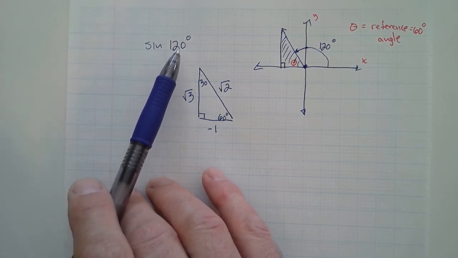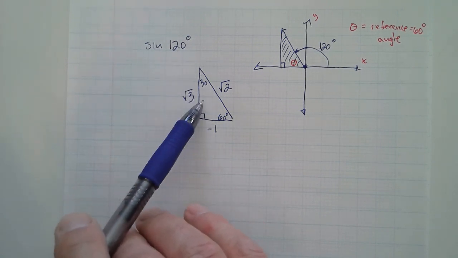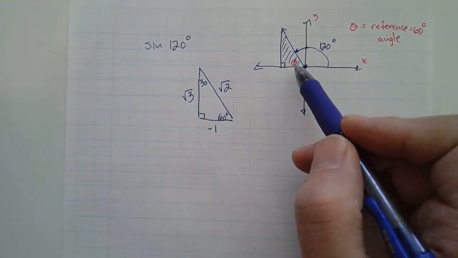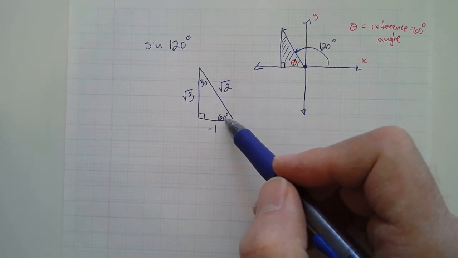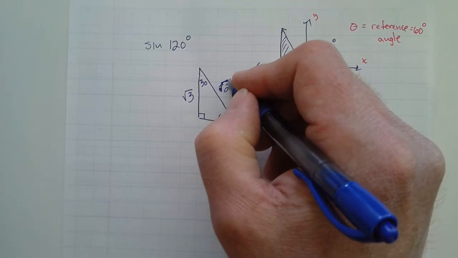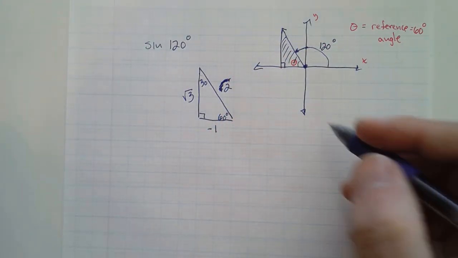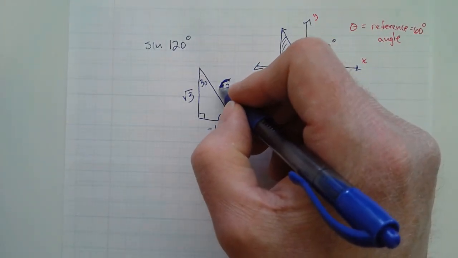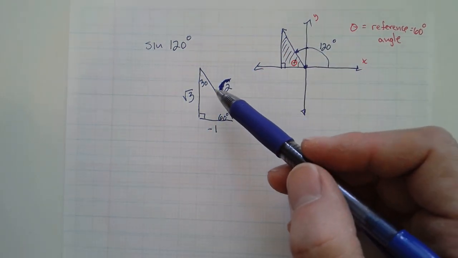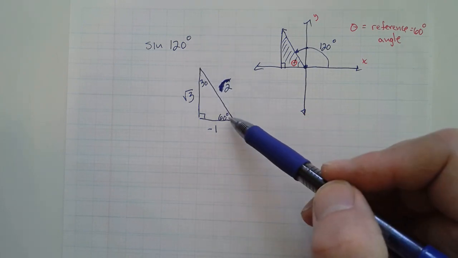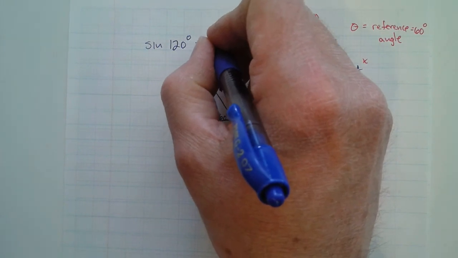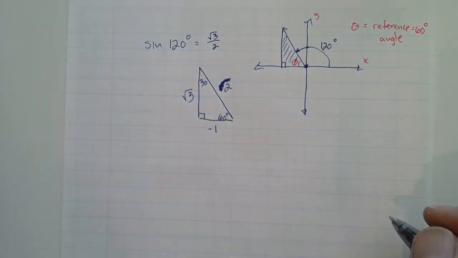So sine of 120 degrees, using this reference triangle, we can say the sine of this angle right here, theta, is opposite, oh, did I put square root of 2? Sorry, that is 2. I'm not going to redo the video just for that. So the sine of this angle is the square root of 3 over 2. Square root of 3 over 2 is our answer.